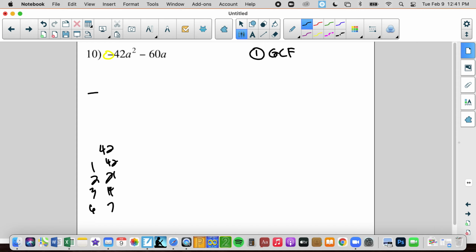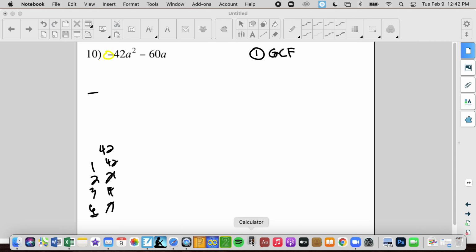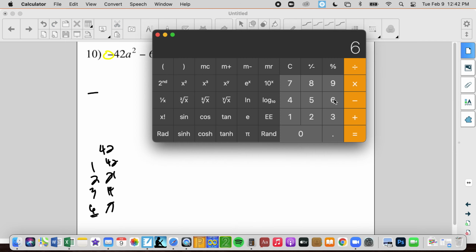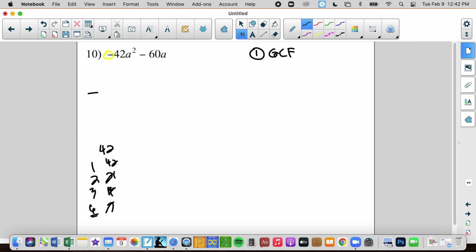All right, what goes into 60? 1, 2, 3, 6 goes in, 7 doesn't. Does 14 go into 60? I don't think so. Takes 2 seconds to check. Nope. So 14, no. 21, no. 42, no. So my GCF is 6.